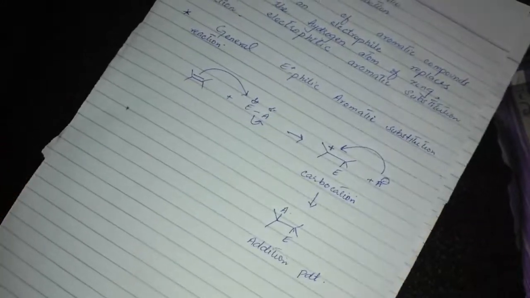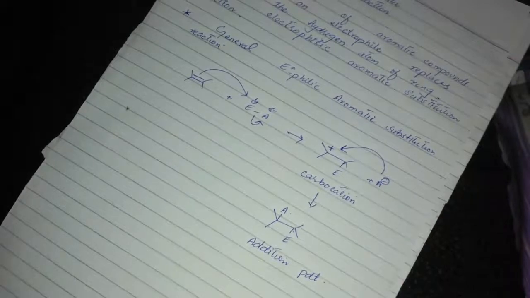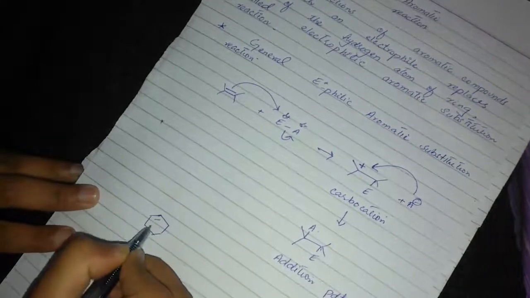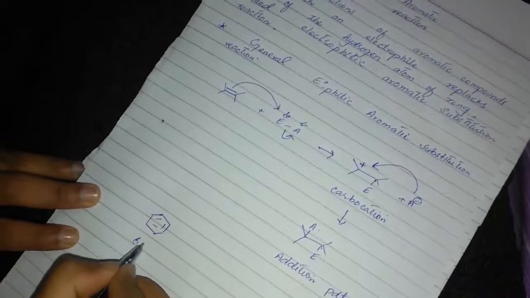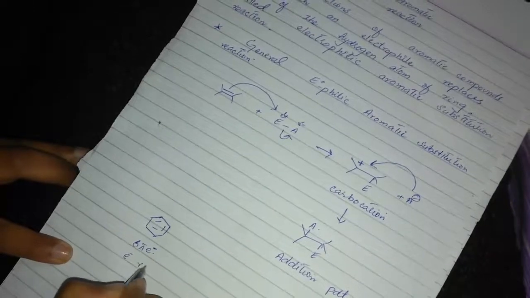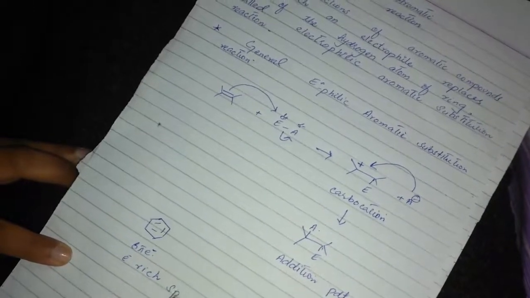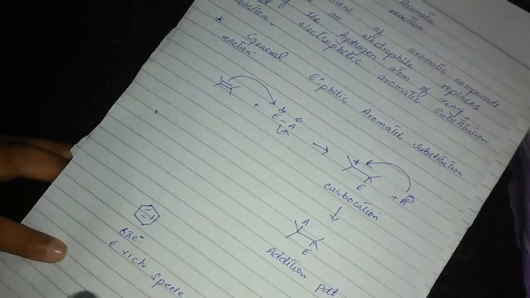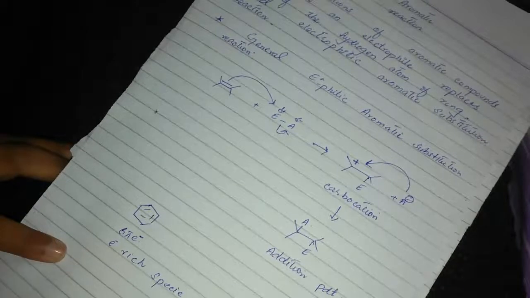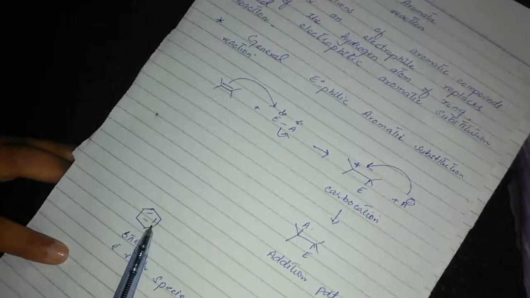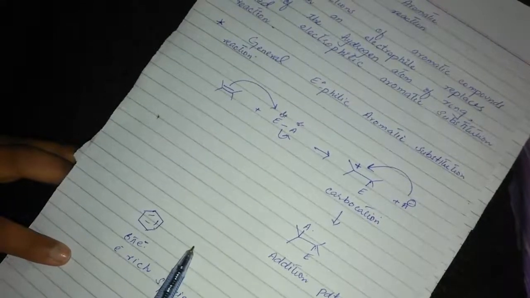As we see, the aromatic system also has pi electrons. This is the simplest aromatic ring. It has six pi electrons, which means that it is an electron-rich species. First of all, in the electrophilic substitution reaction, these pi electrons attack the electrophile.